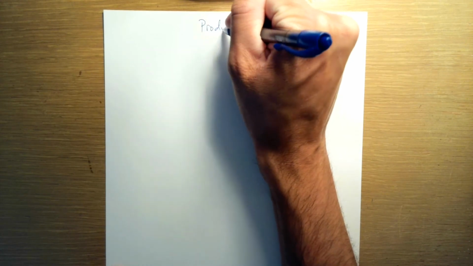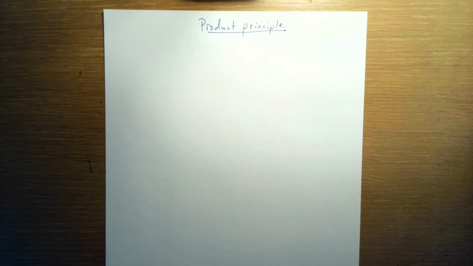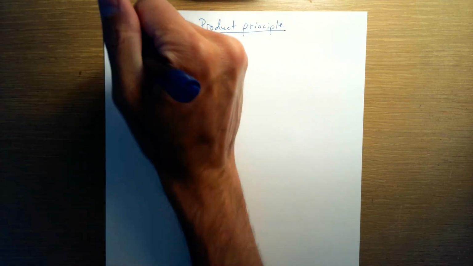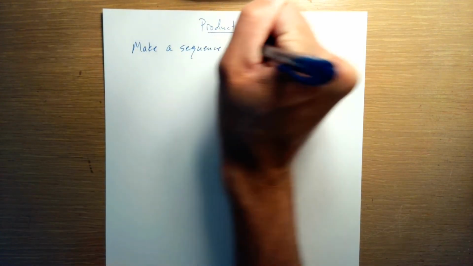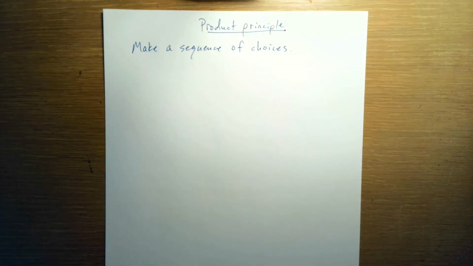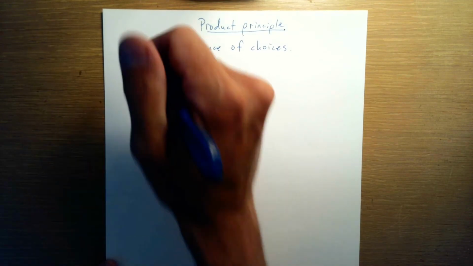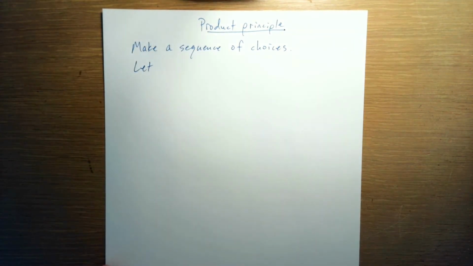So here's the product principle. The product principle also involves making choices, but now we're going to make a sequence of choices. And then again, we have a sequence of sets, and we want to choose one element from each of the sets. So say we have 2 sets again. So again, I'm going to state this for 2 sets, but it could be for any number.